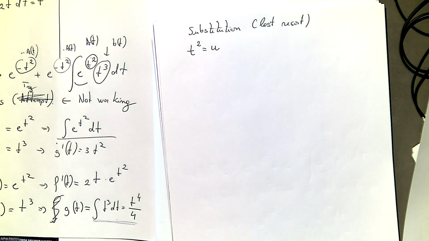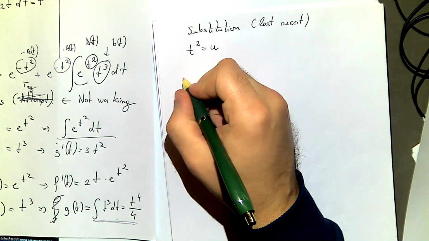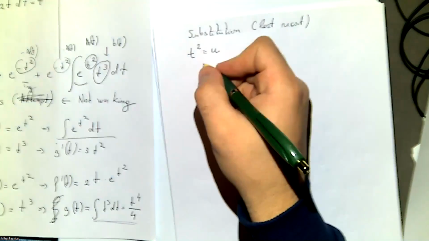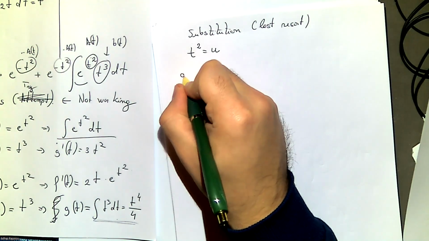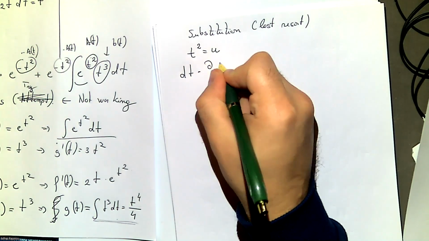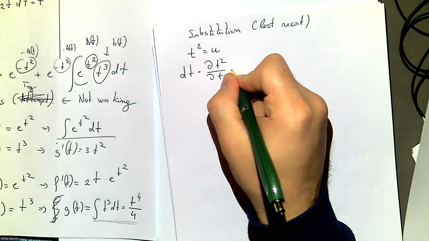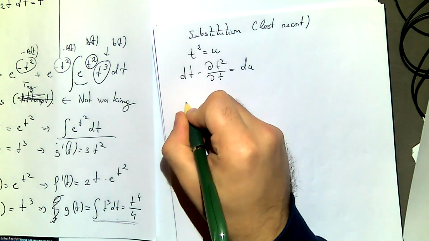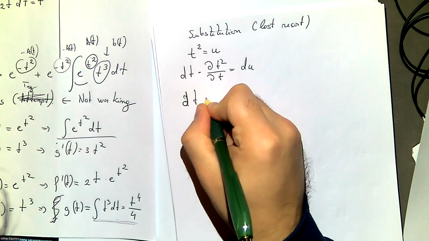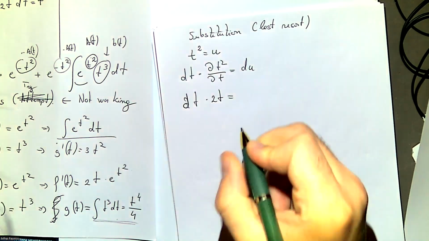There are some other ideas you can do, but it requires being very tricky with computation, which I would not suggest. So now let's just do what we learned, right? Take the derivative: dt times the derivative of t squared is equal to du. So dt times 2t is equal to du.